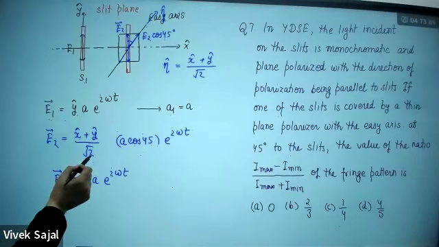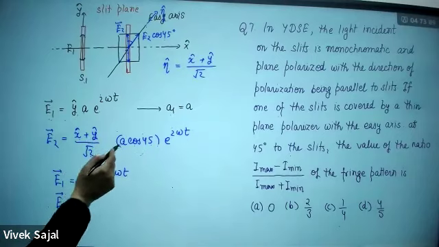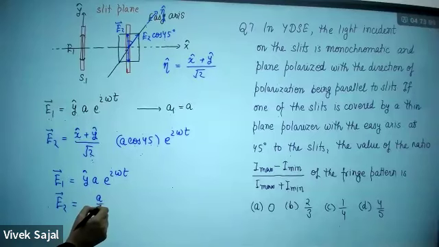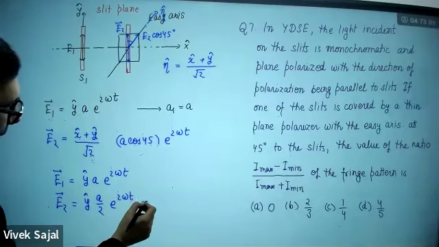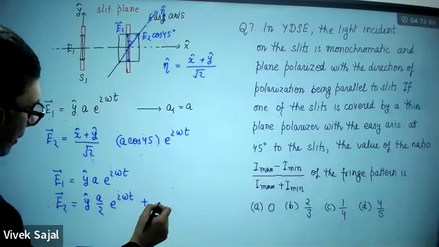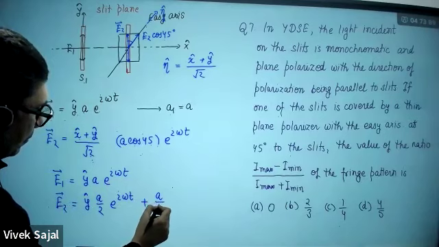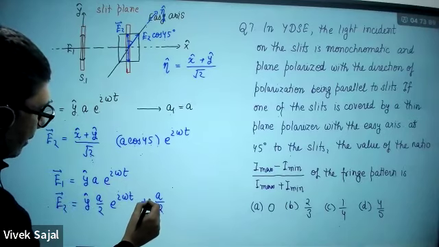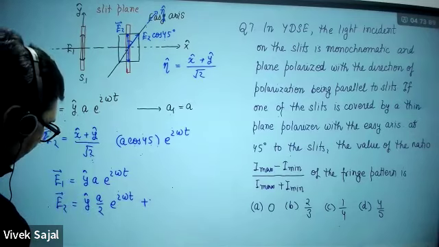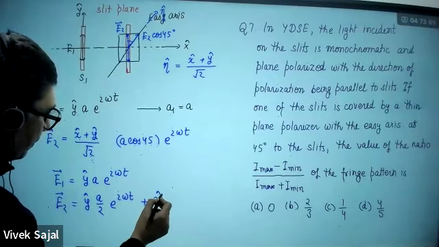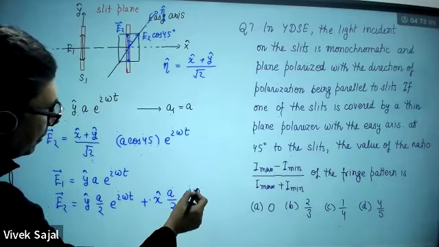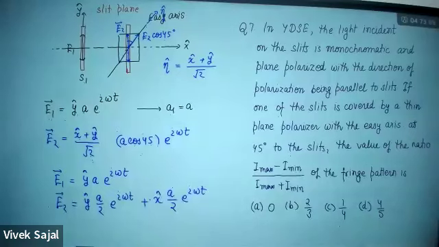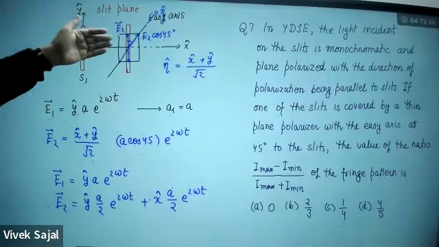Okay, 1 by root 2 times root 2 gives 2, so first I am writing A by 2, the y component, y cap, e to the power iota omega t. Another component will be A by 2, but its direction will be x cap, and e to the power iota omega t. So this is the electric field profile that is coming from slit 1 and slit 2.